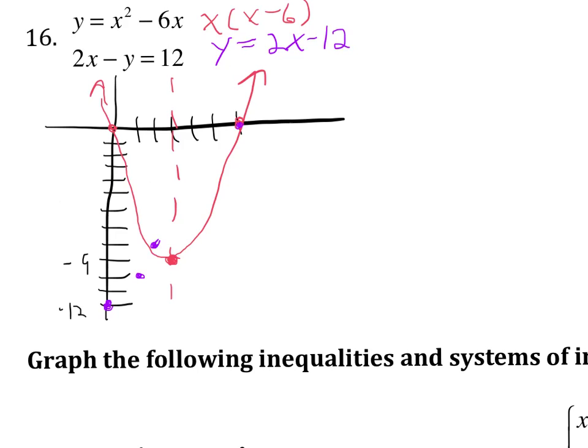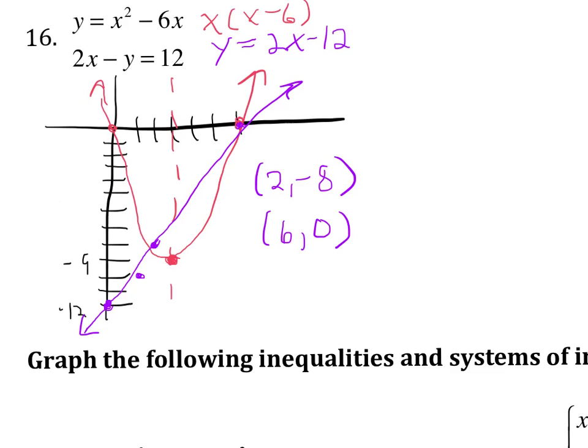And I know it'll intersect the x-axis at x equals 6. So it looks like my 2 points of intersection, I know I didn't draw this graph very beautifully, but it looks like my 2 points of intersection are at 2, negative 8, and at 6, 0.